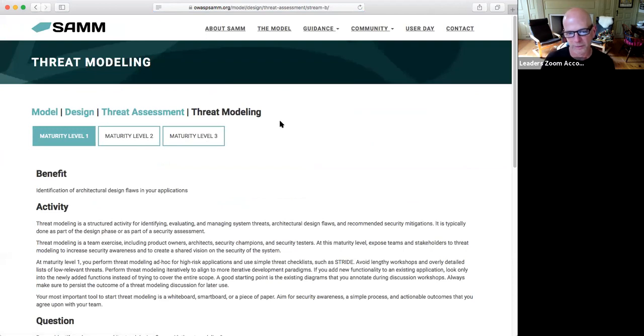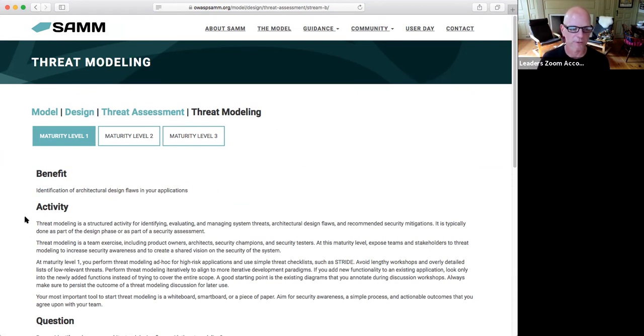I think it's foundational so that you're focusing on the most value-add efforts when it comes to security investment. The benefit here is identification of architectural design flaws in your applications. Just to extend it a little bit, identifying those design flaws before they're in a production environment is the real value of doing threat modeling if you can do it early.